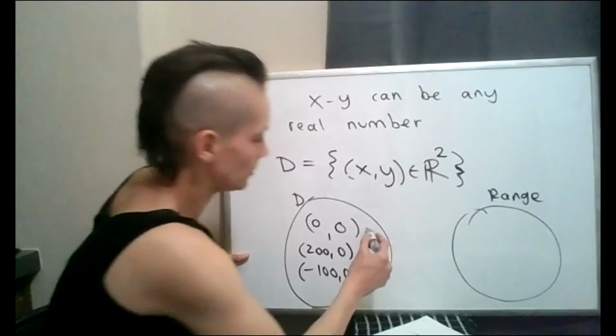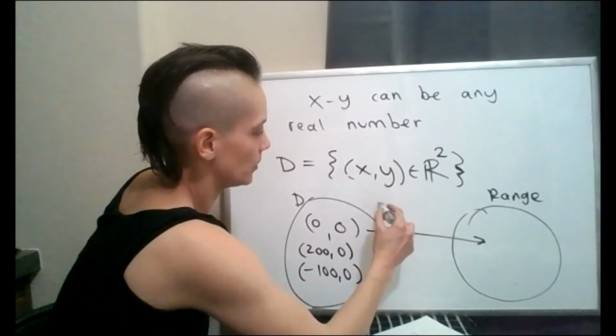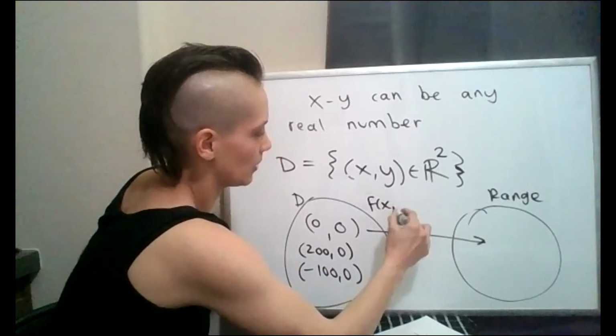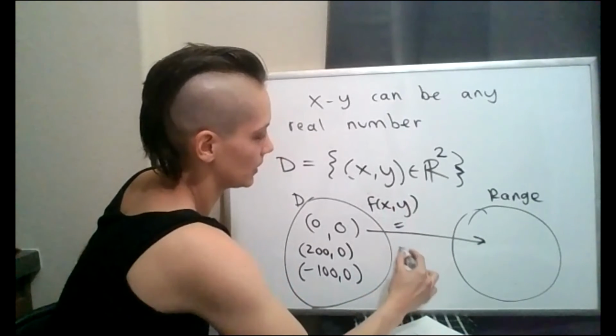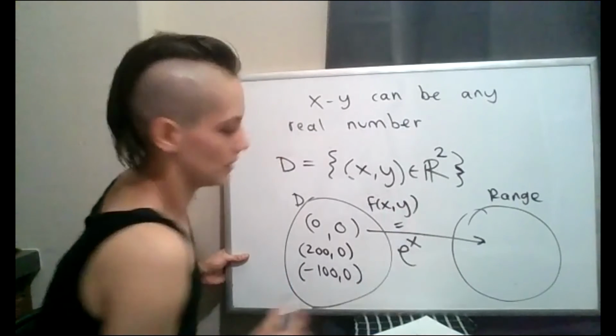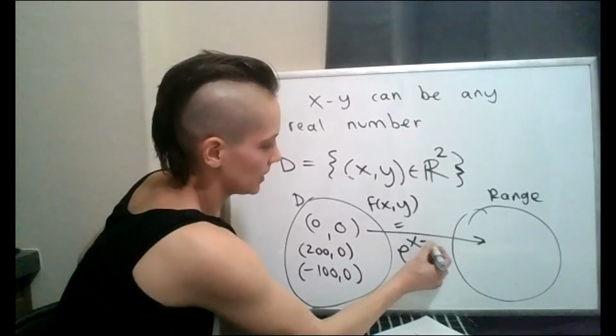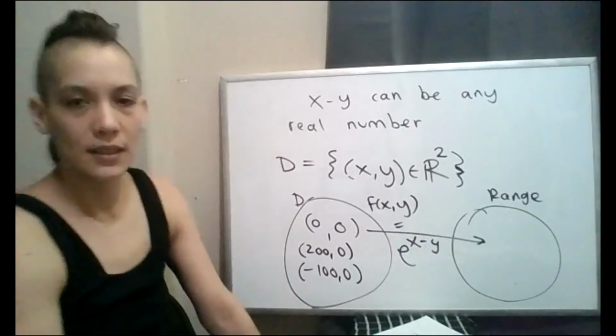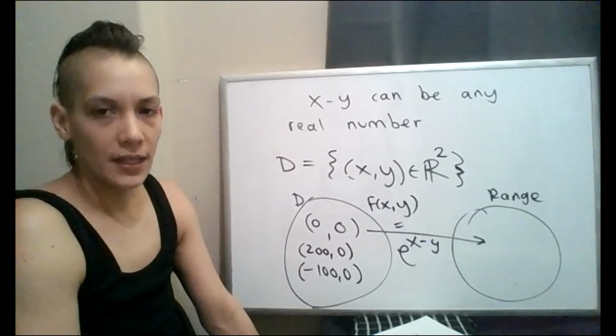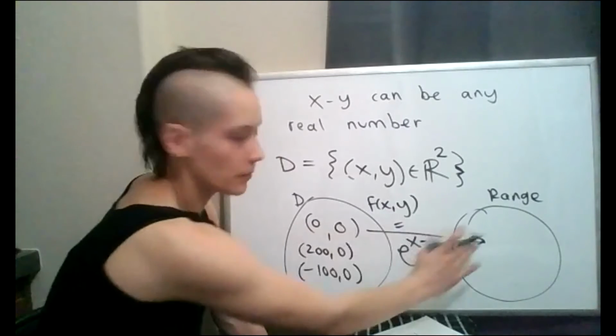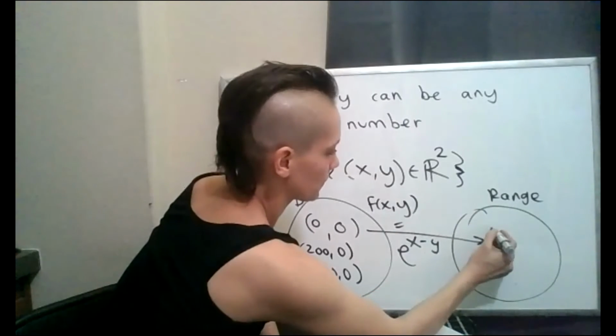Let's start there. So we're going to do f of x comma y equals e to the x, was it x minus y? I think it was, so minus. Okay, so e to the 0 would be that first output.